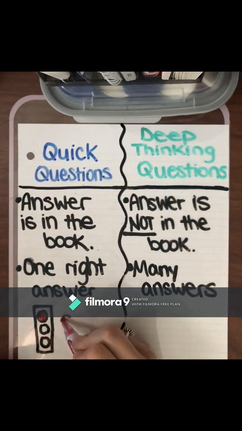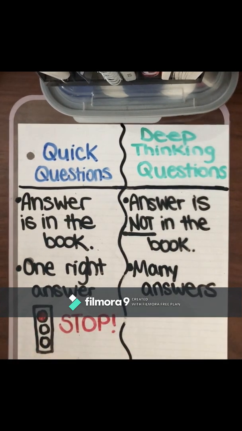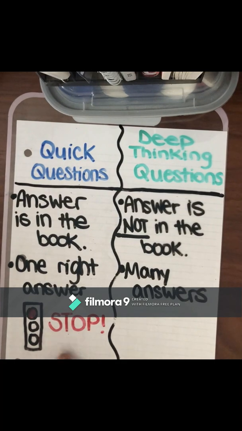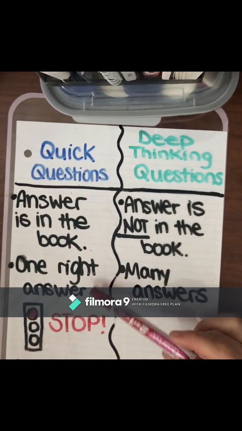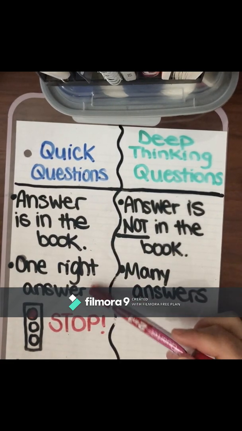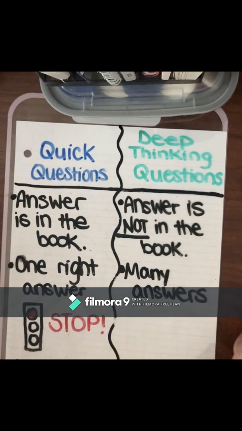Then I'm going to write in big words, stop. The reason it stops our thinking is because the answer is found in the book and there's only one right answer. As soon as we find that answer, we no longer have to do any more thinking.